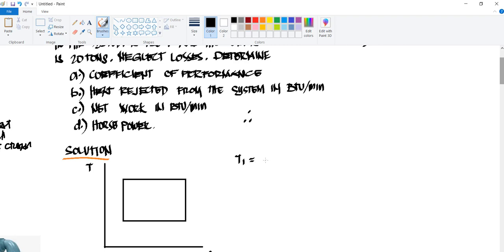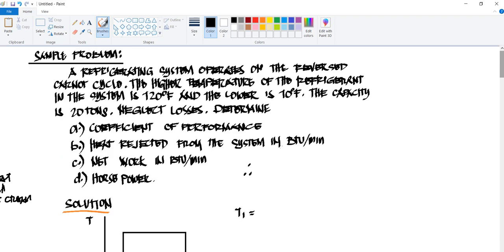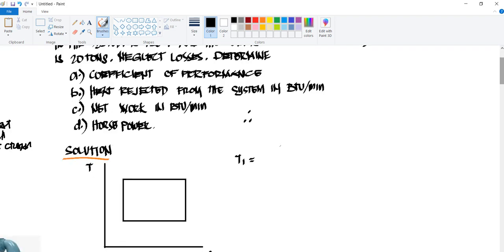For T1, we are given the lower temperature, which is 10 degrees Fahrenheit. In order to make it absolute, we add 460 to convert it into Rankine. So we have 470 degrees Rankine. Now here we have T1, and this is our T2.